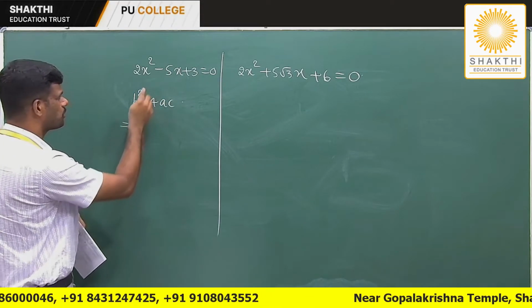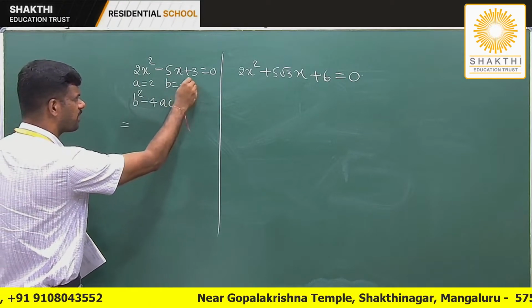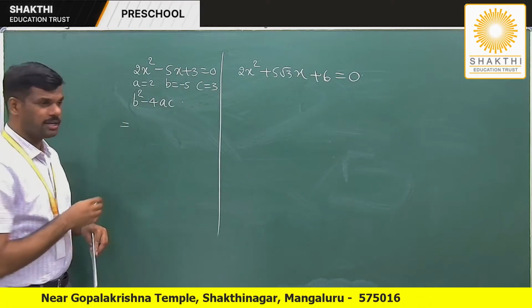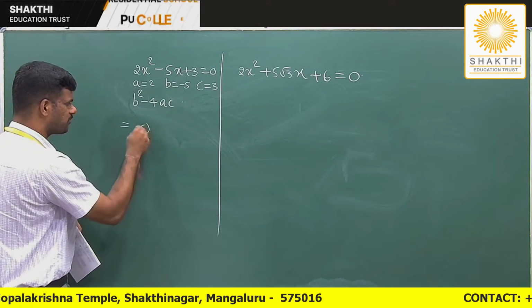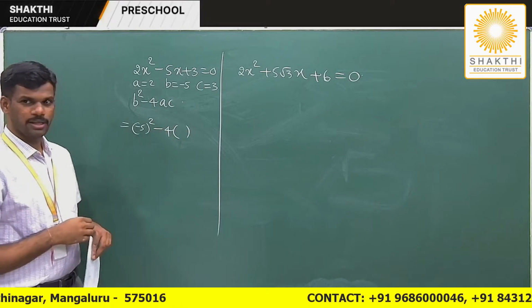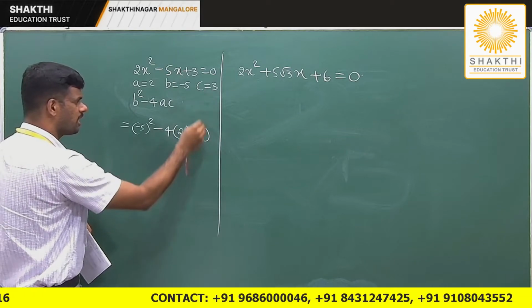Let's substitute. Here you have a is equal to 2, b is equal to -5 and c is equal to 3. b square is -5 whole square minus 4 into the value of a, which is 2, and the value of c, which is 3.